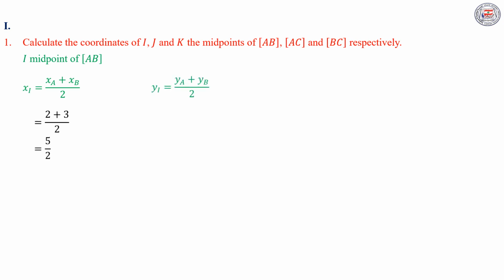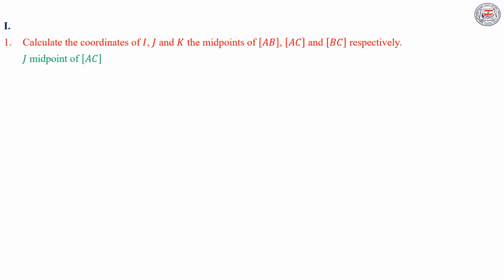And yI equals (yA plus yB) over 2 equals (1 plus minus 1) over 2, or we can put directly 1 minus 1, since plus and minus give us minus, equals 0. Then the coordinates of I are (5/2, 0).